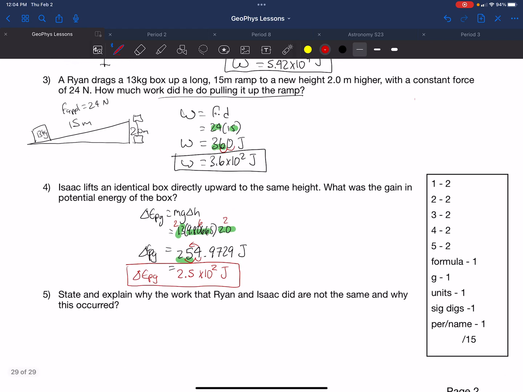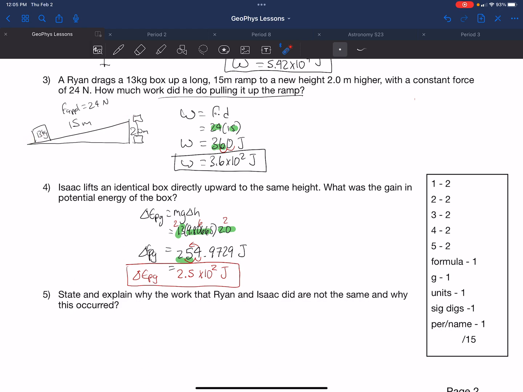So we get to the next question, question 5, and we're told that we want to explain why the work is not the same. So we had Ryan dragging it up here, and it was 360 joules, and we had Isaac lifting it up, 250 joules. So clearly there's a lot less work involved in lifting this up than there is in dragging it this distance. But what we know is that it should be the same amount of work.